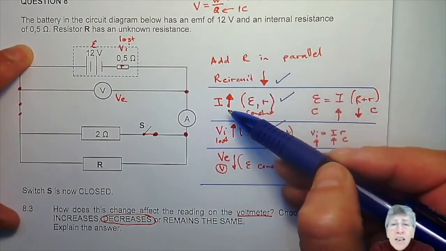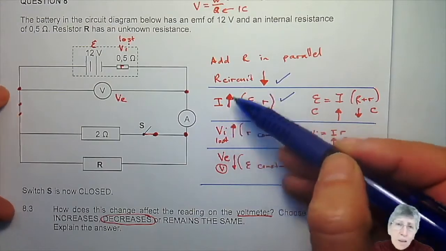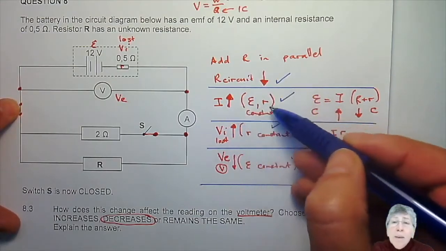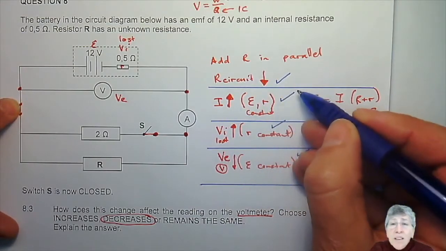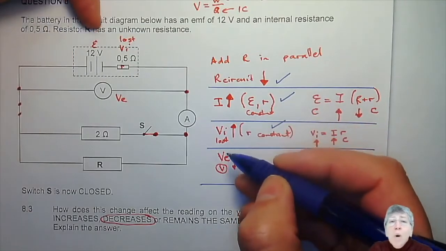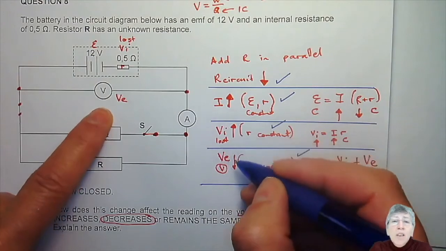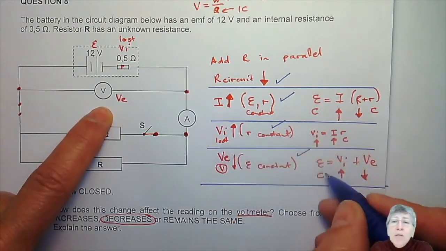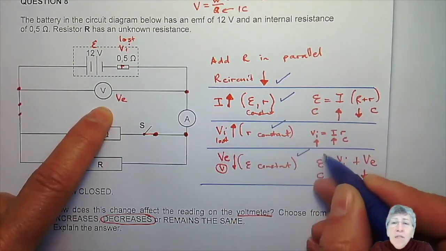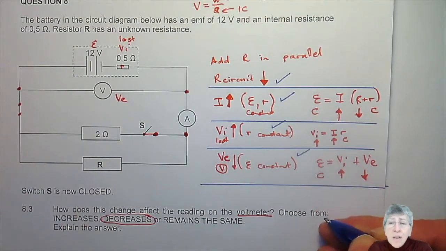Then telling them that the current is going to do the opposite thing. And the reason must be added for you to be able to get the mark. And then telling them what's happening to the lost, the internal volts, because the external ones will be doing the opposite, because together they need to have a constant EMF given to us.